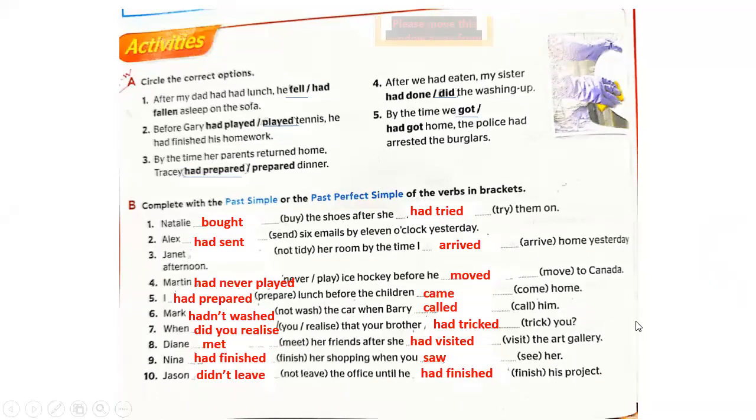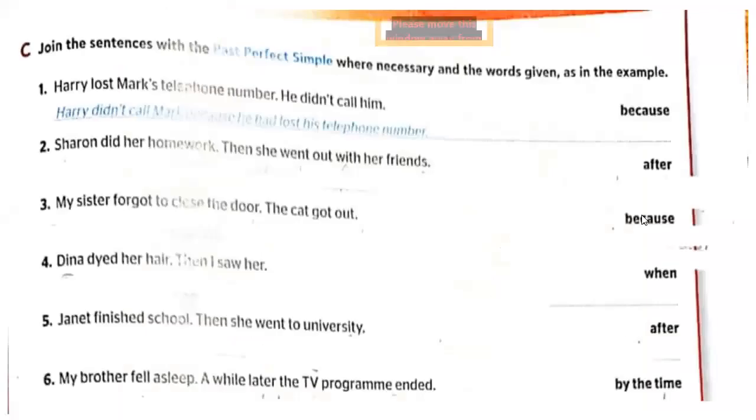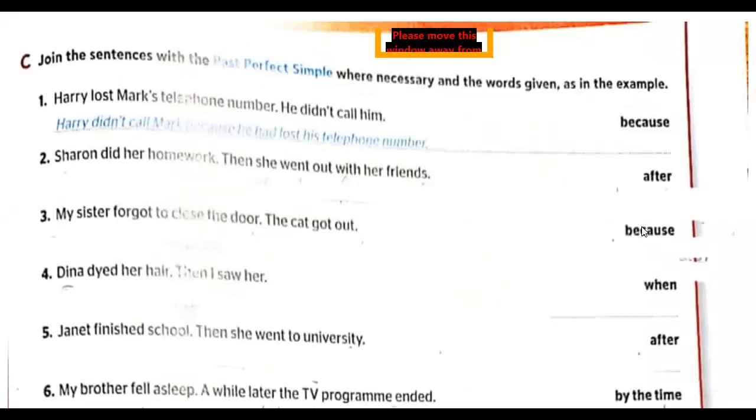Let's move to another exercise. This one, next page 59. Yalla Seif Haitham. Join the sentences with past perfect, using the words in bold. As in the example, Harry lost Mark's telephone number. He didn't call him. Harry didn't call Mark because he had lost his telephone number.